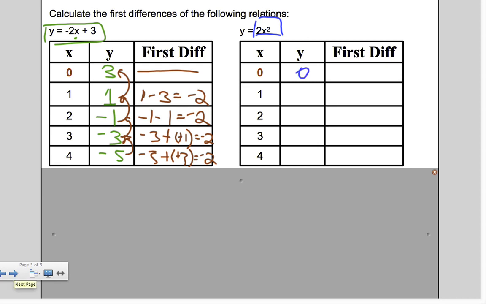When x is equal to 1, what's my value of y? Well, it's 1 squared, so 1 times 1 is 1, times 2 is 2. Okay, what happens when x is 2?